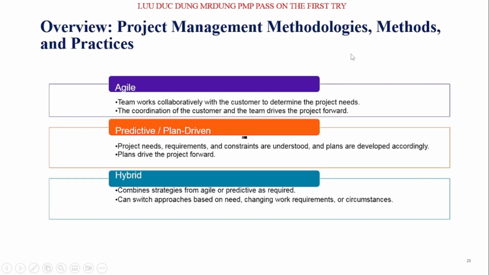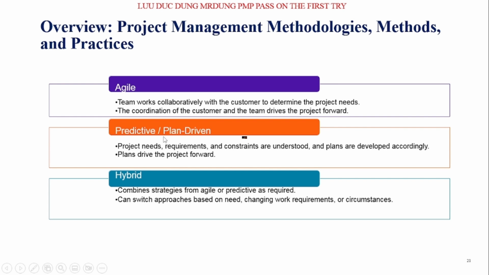So, an overview of project management methodology, method and practice. We have the agile method: teamwork, collaborating with the customer to determine the project needs. The coordination, the customer and team drive the project forward. Okay.